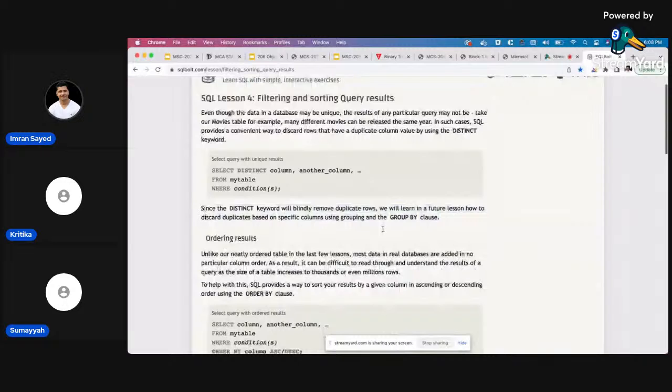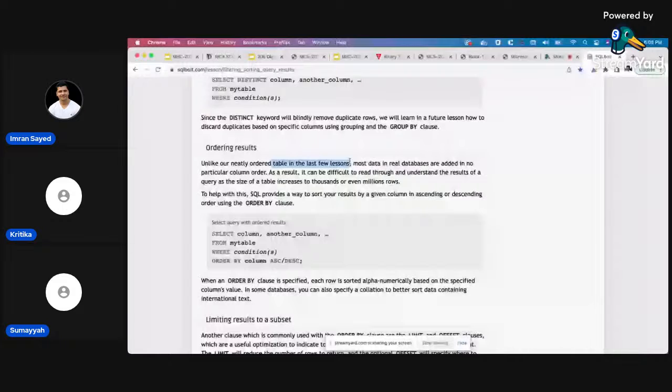Ordering results. Unlike our neatly ordered table in the last few sessions, most of the data in a real database is added in a particular column order, and as a result, it can be difficult to read through. To help with this, SQL provides a way to sort your results using order by, ascending or descending.